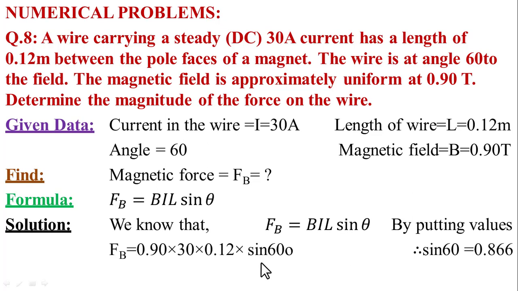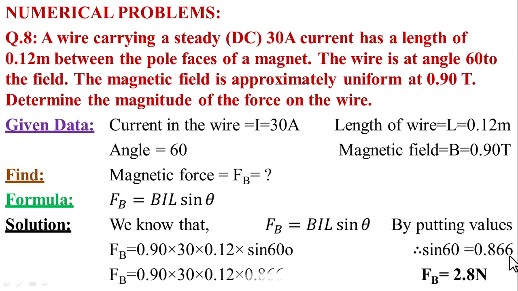Then FB is equal to 0.90 multiplied by 30 multiplied by 0.12 multiplied by sine 60 degree. So sine 60 is equal to 0.866.